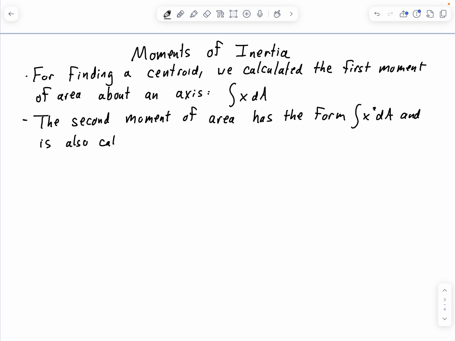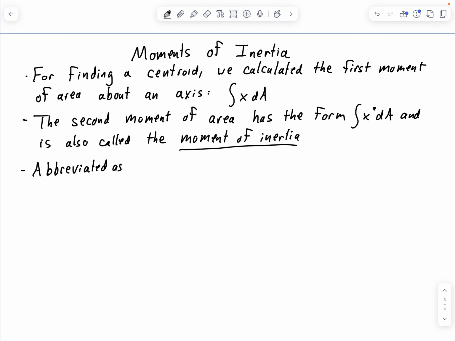It's also called the moment of inertia. And so we will often call it that in our class, the moment of inertia. The moments of inertia are abbreviated as I sub x and I sub y.